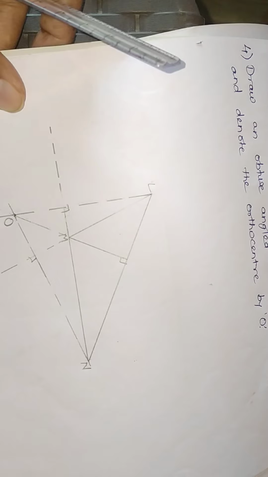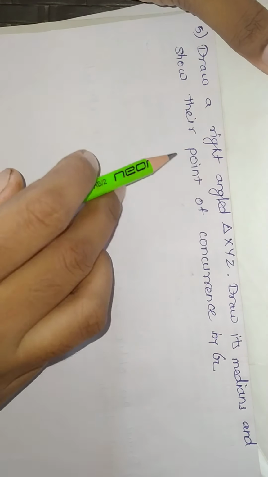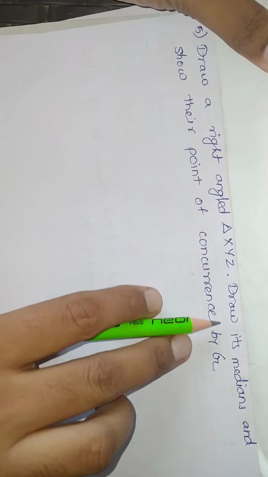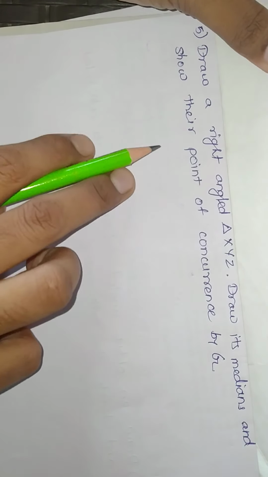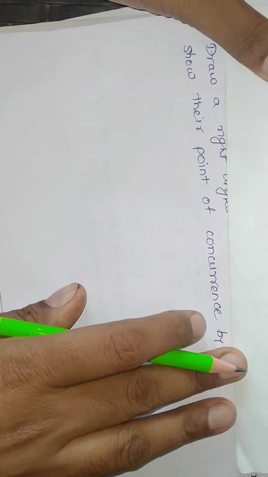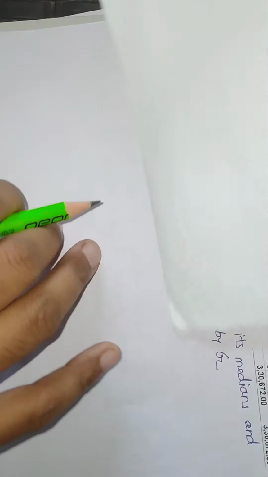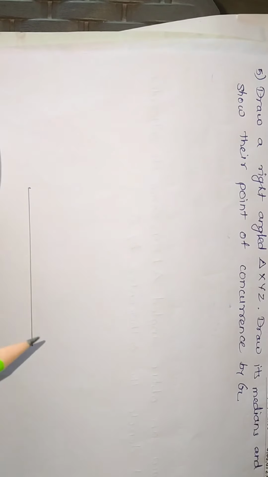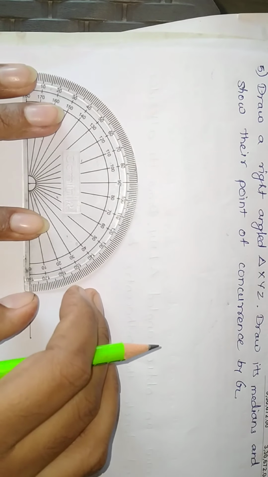Now next question. Draw a right angle triangle XYZ, draw its medians and show their point of concurrence by G. See here, I have drawn one baseline. For this, how to draw a perpendicular, a right angle triangle?